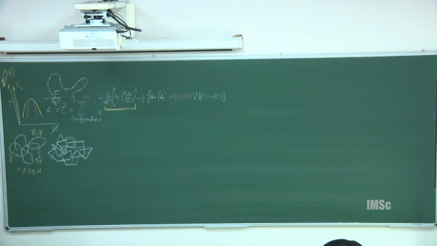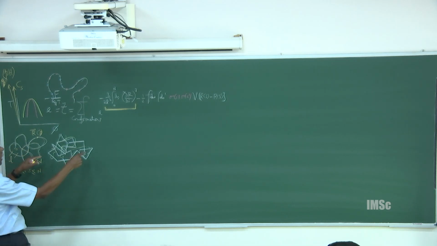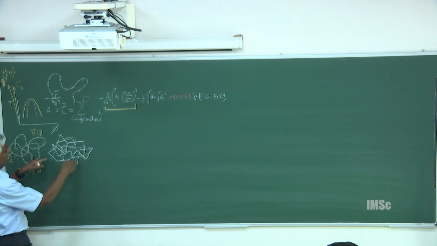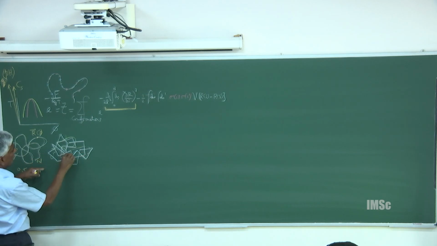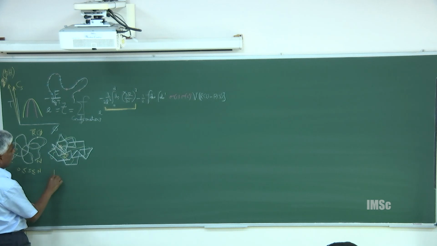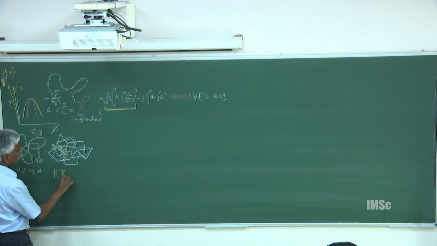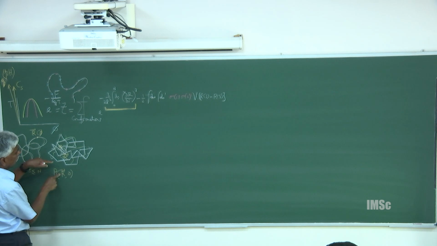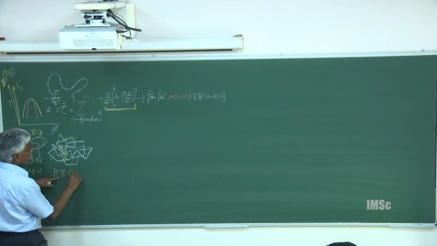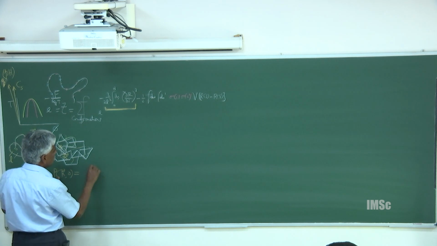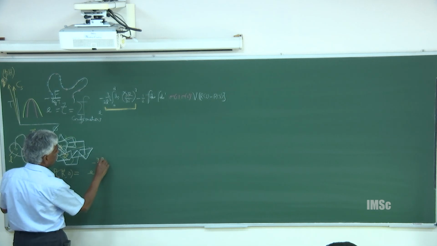And as you know from your elementary statistical mechanics, the probability of reaching the end of the chain: let us assume the other end is here, that is my R, capital N, this is my initial position, 0, somewhere here. The probability of getting R, one end is at R, other end is 0, can be written from random walking statistics as exp(-3R²/(2NL²)).